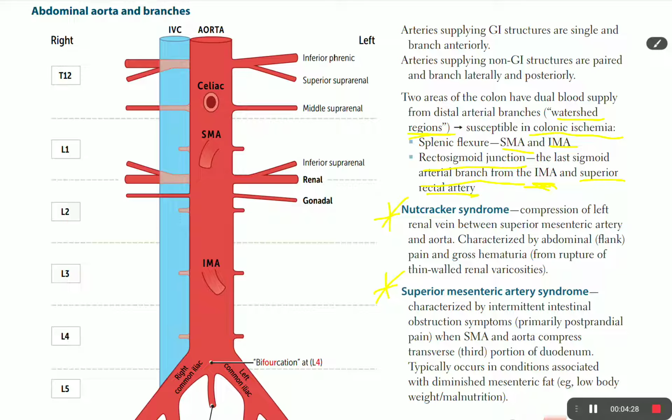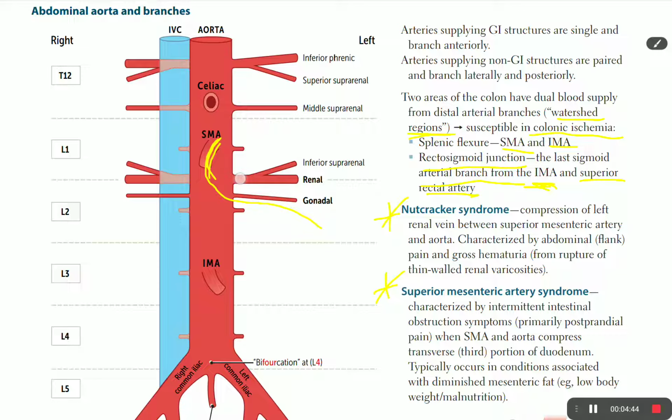Nutcracker syndrome is compression of the left renal vein between the superior mesenteric artery and the aorta. The superior mesenteric artery originates from the abdominal aorta at level L1 and goes out here.